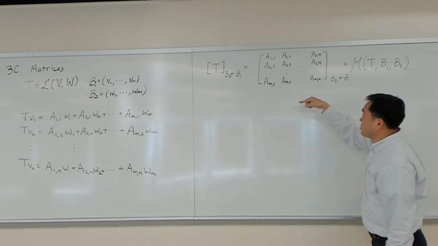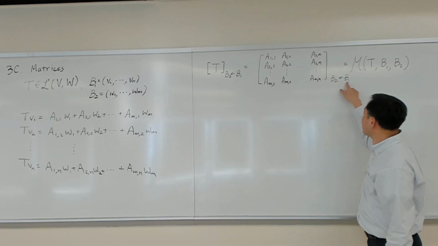What does get a little confusing is that in our previous notation I wrote down B1 over here and wrote the arrow going the opposite way, right? B1 goes here and then B2.